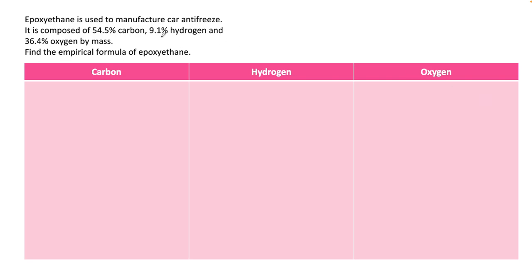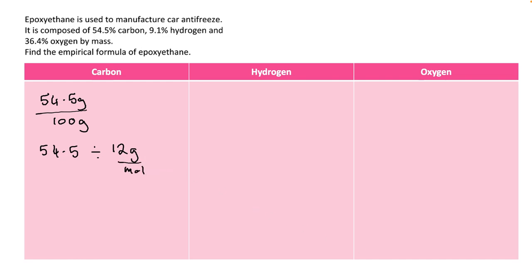So if it's by mass, remember, we just say it's 54.5 grams per 100. And then to change that into moles, we're going to divide by the molar mass. So we divide by the molar mass of carbon, which is 12. And if we do that, I'm going to have 54.5 divided by 12 grams per mole.